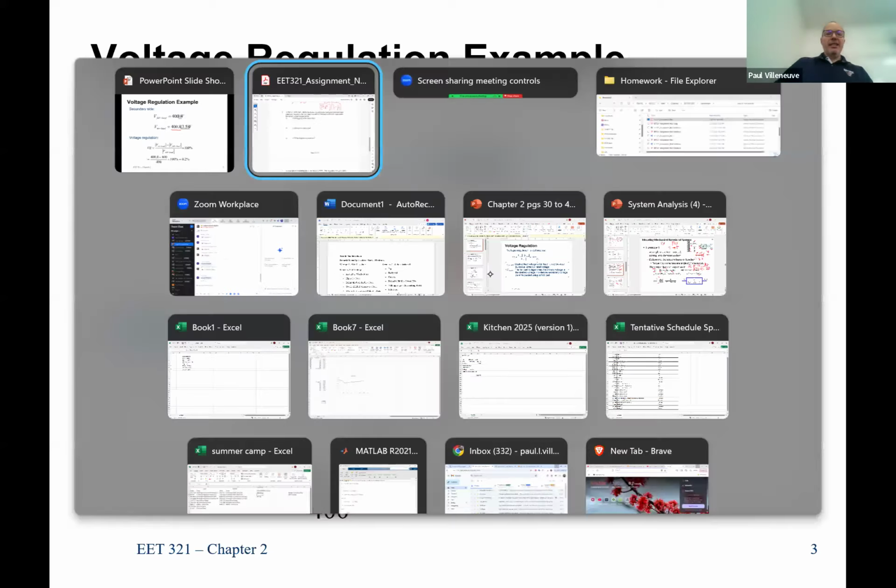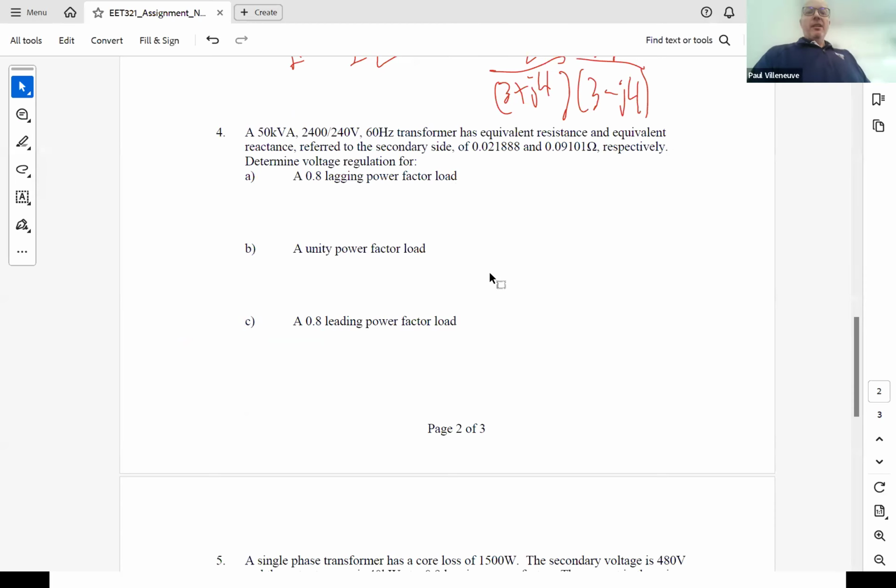How does that apply on the homework? You're going to go ahead and you're going to figure out what the load is. So it's 50 kV divided by 240 at an angle of 0. What is the angle here? It tells you right here, right? Doesn't it tell you the angle?